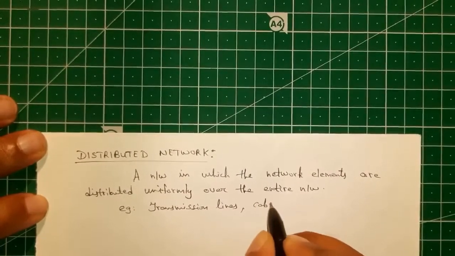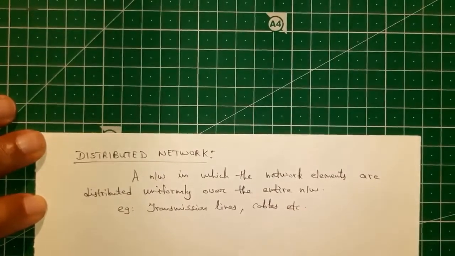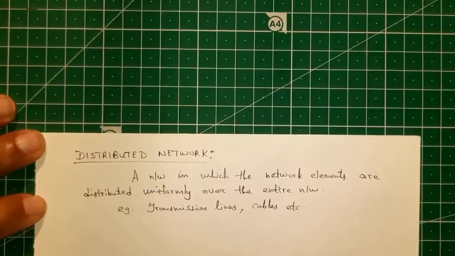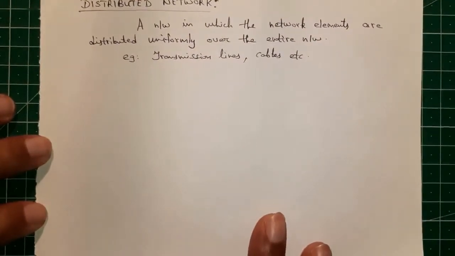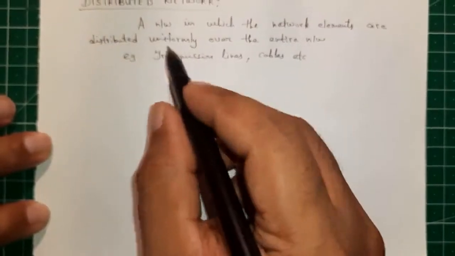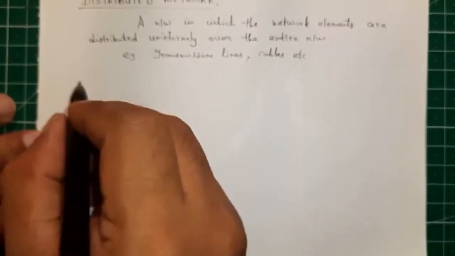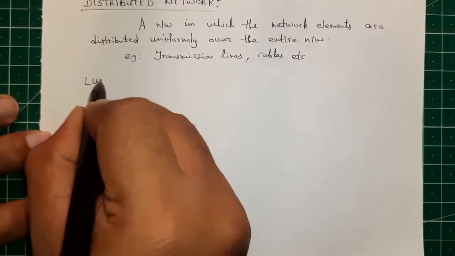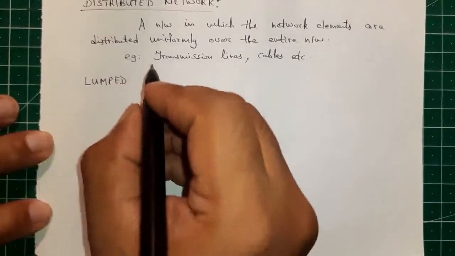Cables, signal cables or power cables, etc. So the analysis of these distributed networks becomes a little complicated. So we normally try to approximate to its lumped parameter equivalent.